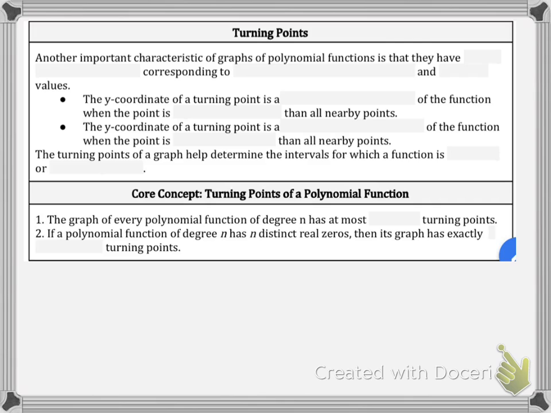Now, another important characteristic I want to focus on is our turning points.